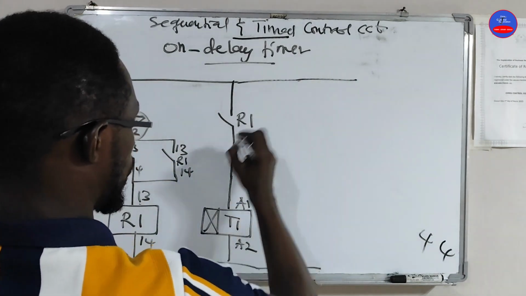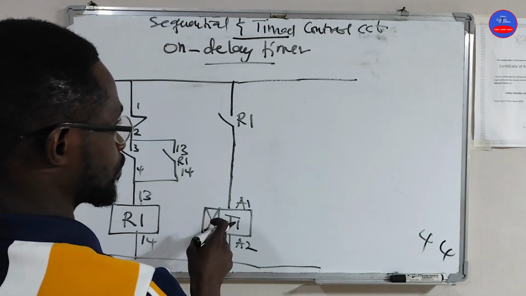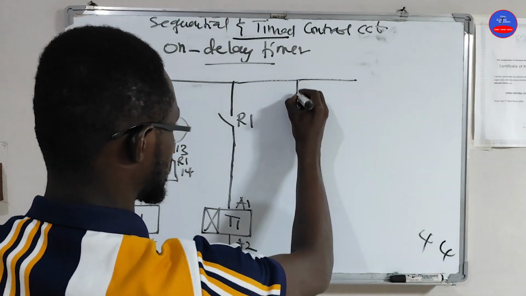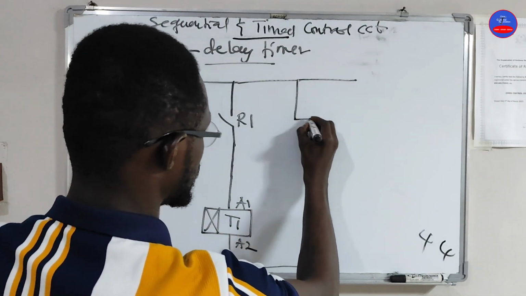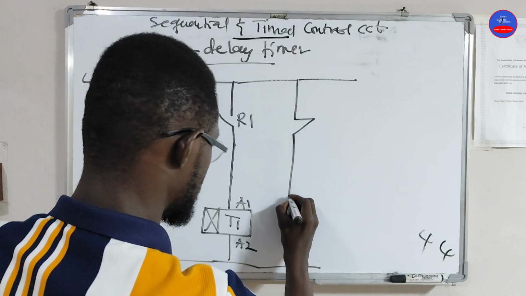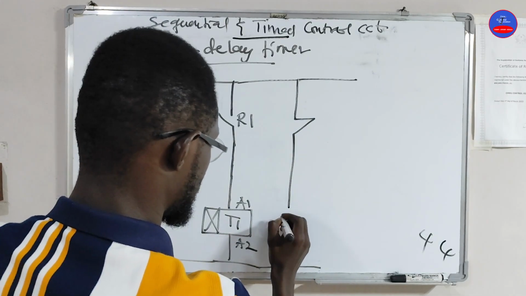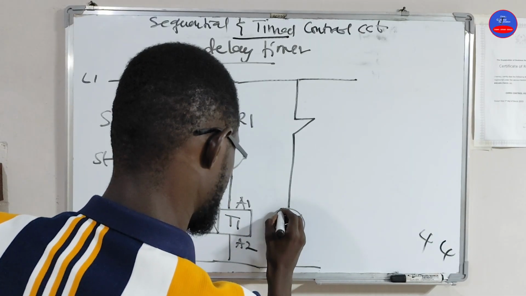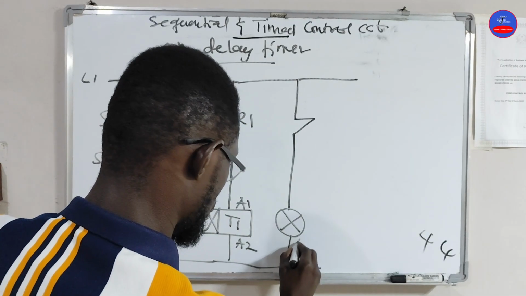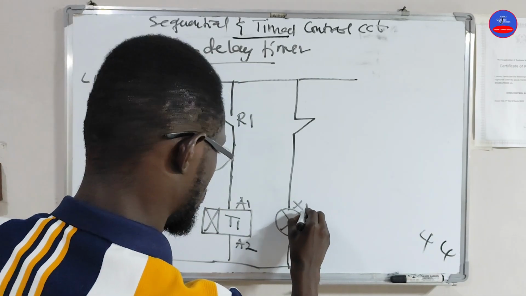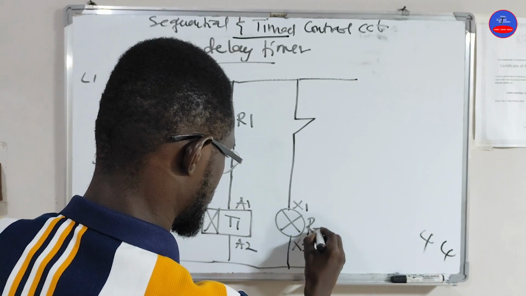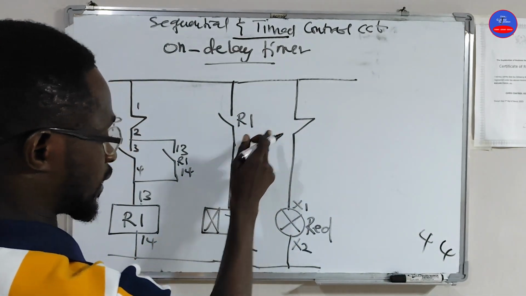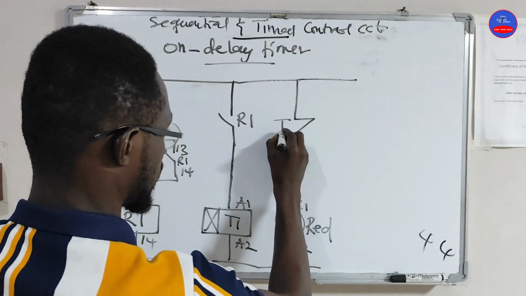Now we connect a closed contact on this timer, in series with a lamp like this. Here will be X1, X2. So this is red. This contact is a contact on the timer, so let's name it T1.